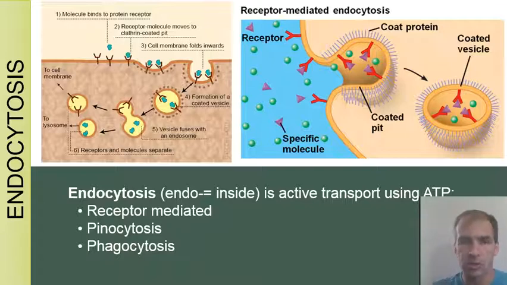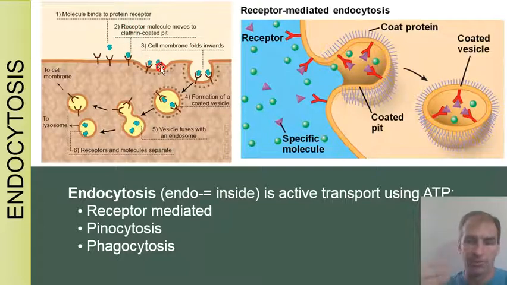But we don't want to ignore these last two, because endocytosis and exocytosis do happen, particularly with larger molecules where they really can't fit across this phospholipid bilayer very easily. What we'll often see in endocytosis is a molecule binding to a protein on this layer.